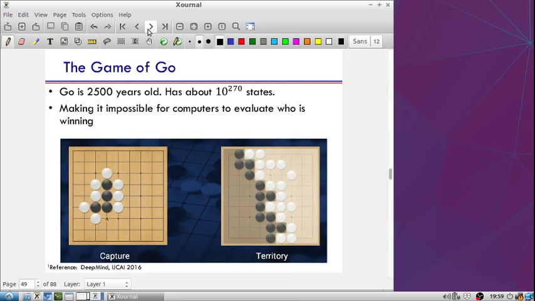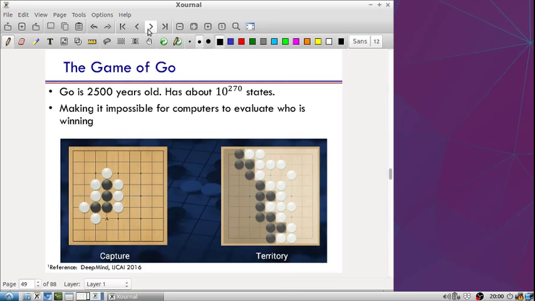Context in a game is going to be the state of the game, so here the context is the board state, and there are too many such board states. A regular board will have a 19 cross 19 grid size. Given that there are too many configurations, too many contexts, humans have nonetheless figured out how to play this game.